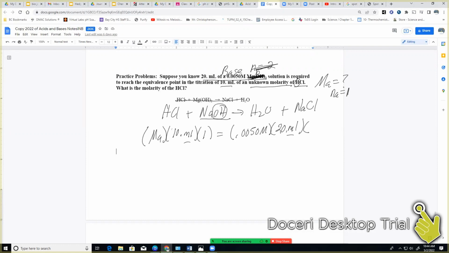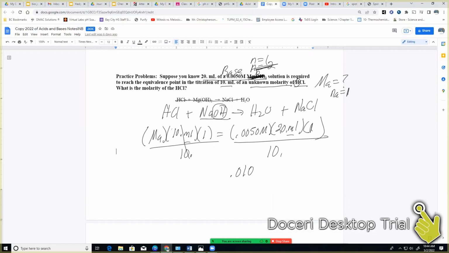And so then my N for my base would just be equal to 1. All right, so that's my setup. So now I need to solve for my Ma. So I just divide each side by 10. That cancels out, and that's all what goes in your calculator. And we have 2 sig figs on that one when you get your answer.